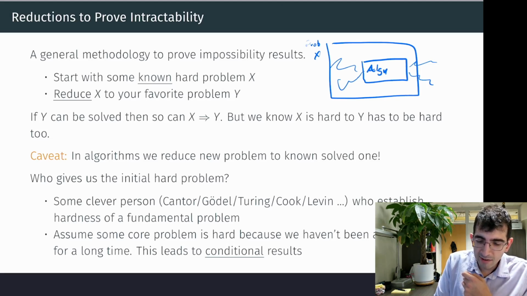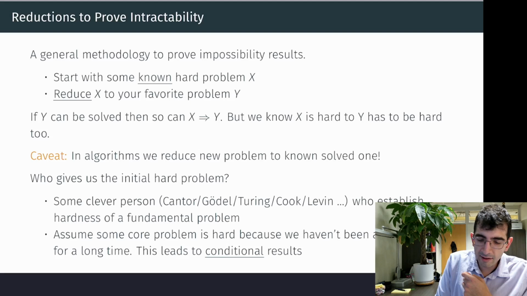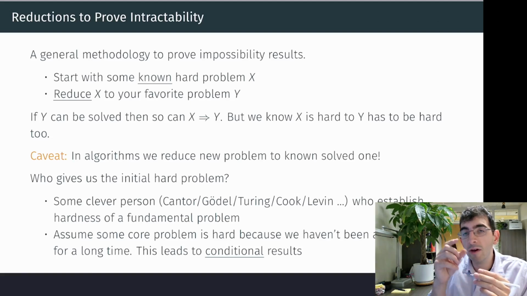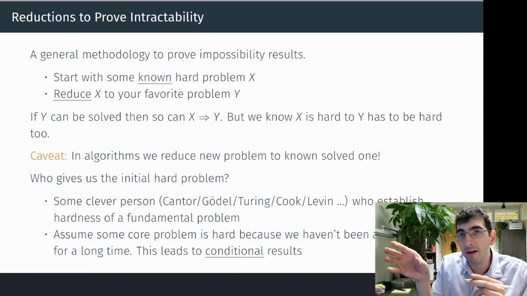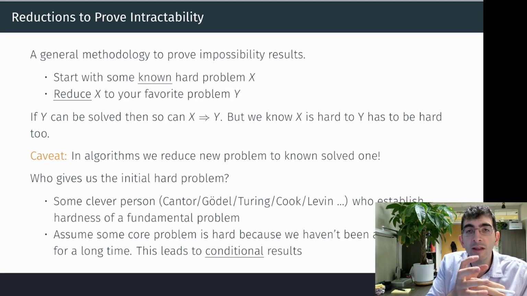Now, let's say we know that x is a hard problem, and then we can show that we could turn x into a problem y. What does that show? If x is a hard problem, and we could reduce it to another problem y, then by definition y must also be a hard problem.